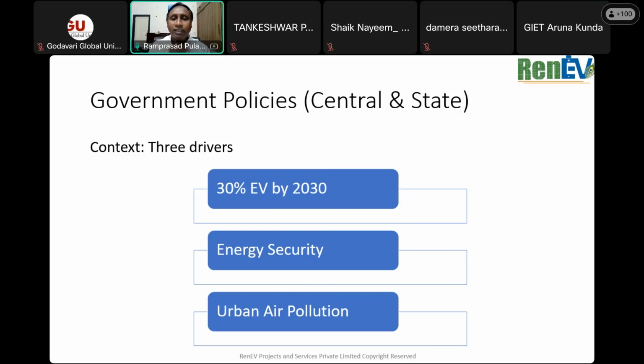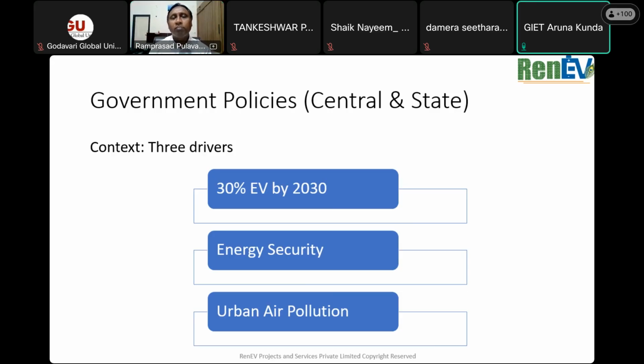It varies from country to country. In India, the consumer is not conscious about the environmental impact of different ICE vehicles. But if you go to a country like the Netherlands, people are very conscious. They use cycles there.